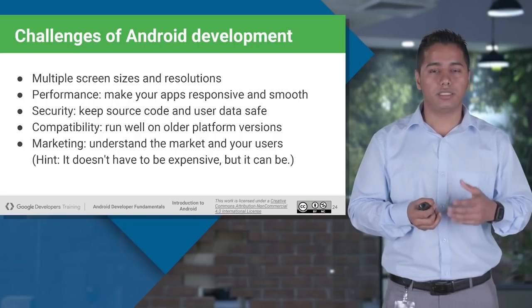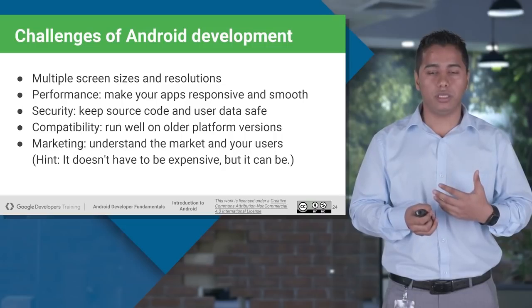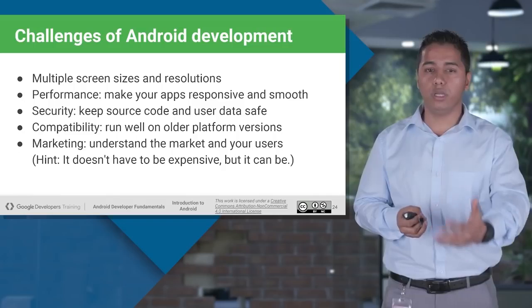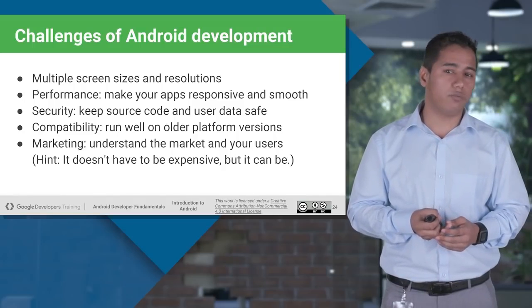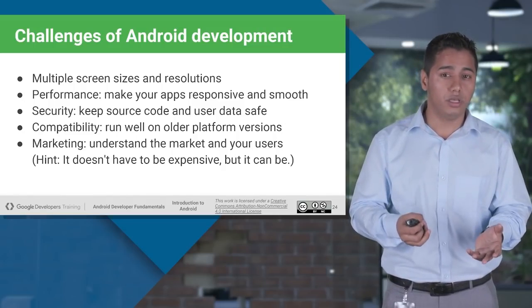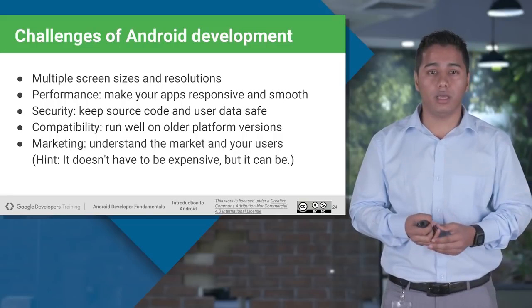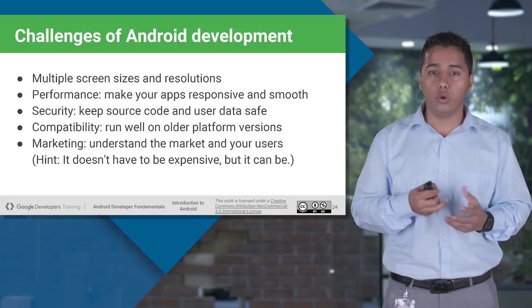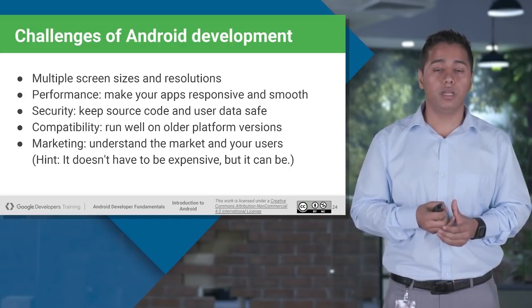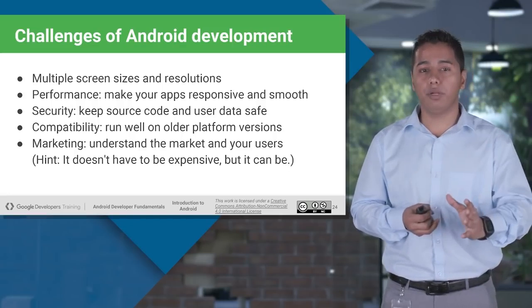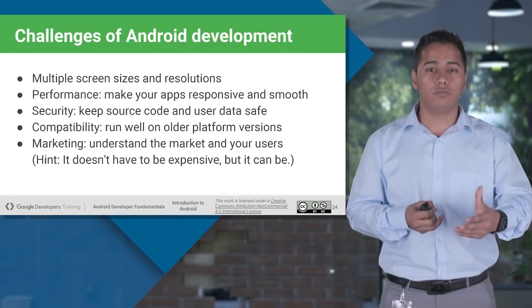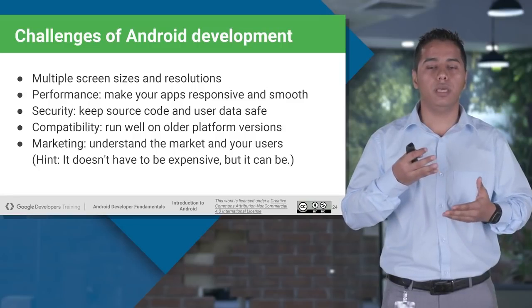Like let's say I want to create an application which will run on 2.3 also. But if I'm going all the way down to 2.3, I might have to sacrifice many features which I really want to add, which will give a real look and feel to my Android application. But that's not going to happen because you are going all the way down to the older version of 2.3. So we have to make a balance here.